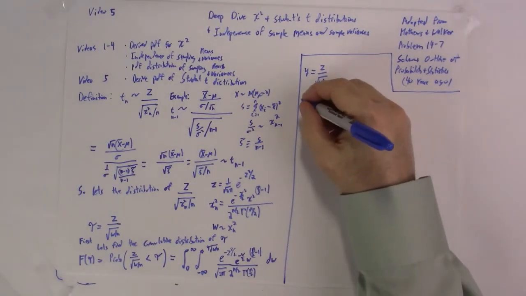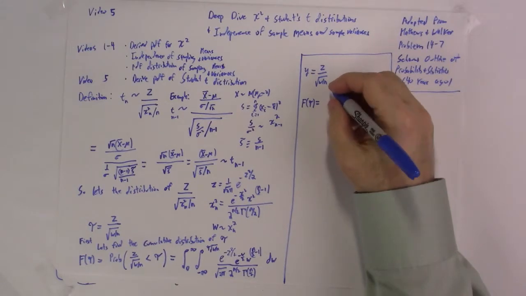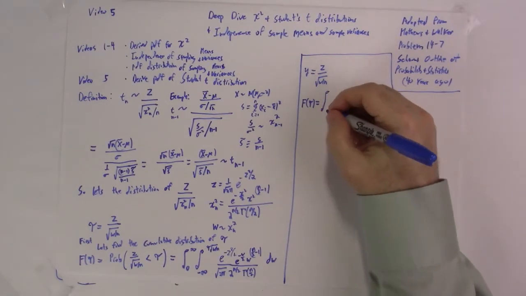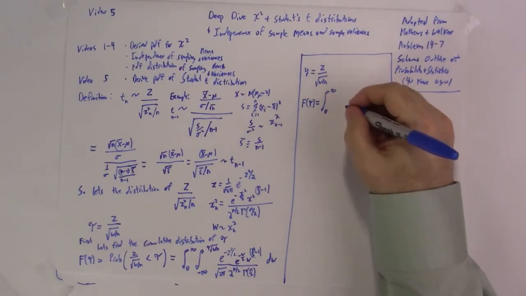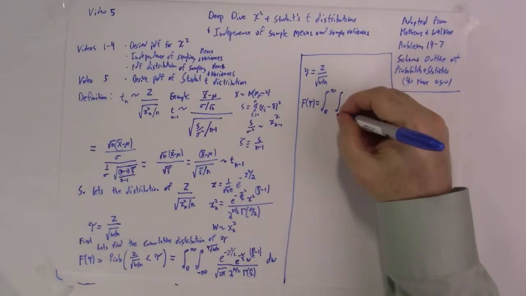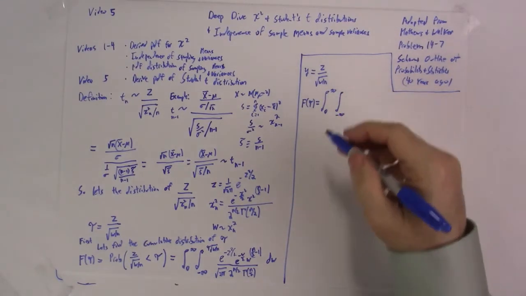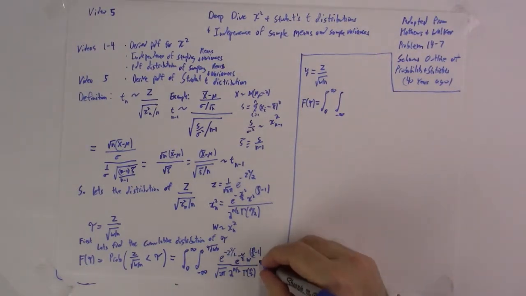So F of tau is equal to the integral from 0 to infinity, and then the integral from minus infinity. I left off the dz here.